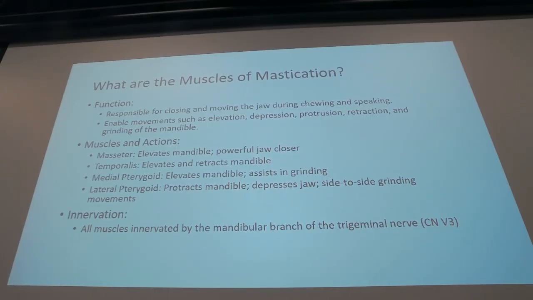So then someone will have paralysis of V3 because he had a stroke, and V3 gets damaged. What do you expect to happen in the person's jaw? Can the person close the jaw really easily?